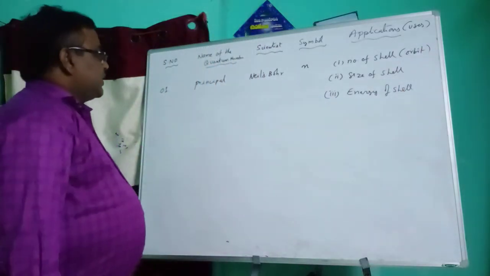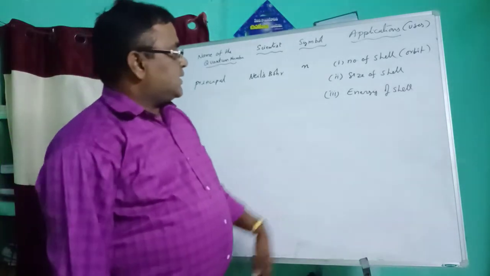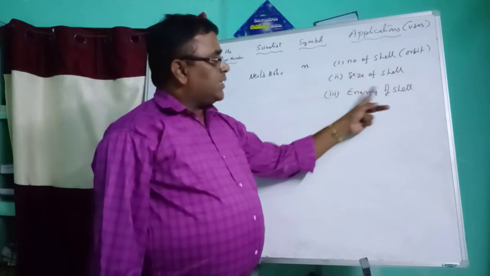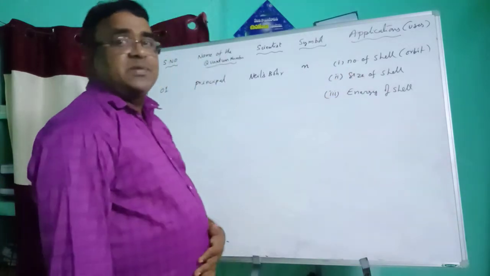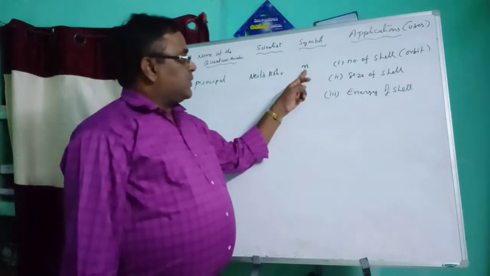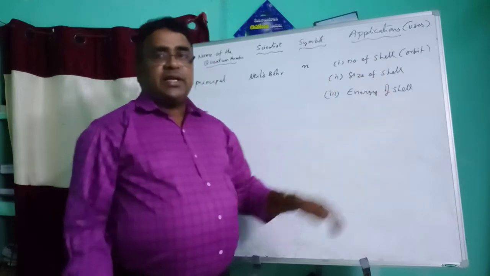What is principal quantum number? The number which represents number of shell, size of shell, and energy of shell is known as principal quantum number.